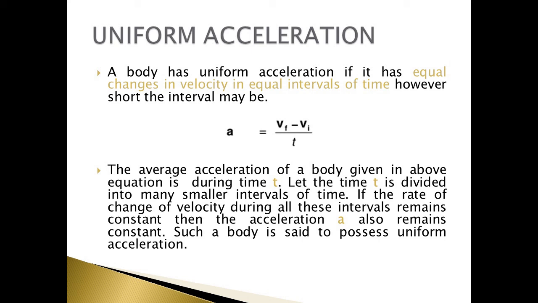The average acceleration of a body given in the above equation is during time t. Let the time t be divided into many small intervals of time. If the rate of change of velocity during all these intervals remains constant, then acceleration a also remains constant. Such a body is said to possess uniform acceleration.